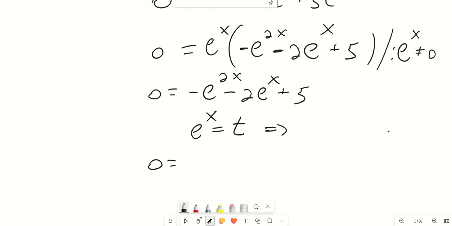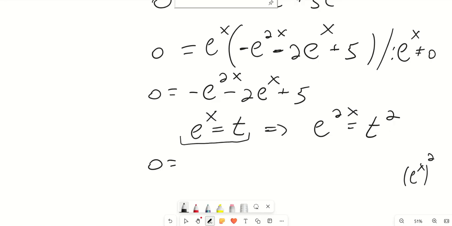e to the power of 2x will be t squared, because if I take this expression and square it, I get on the right hand side t squared, and e to the power of x squared, where I apply the rule that for an exponent of an exponent, one can multiply the two exponents.